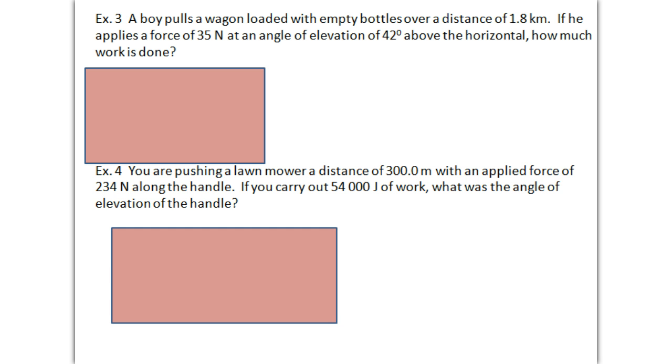A boy pulls a wagon loaded with empty bottles over a distance of 1.8 kilometers. Force applied is 35 newtons, and it's done at an angle of elevation of 42 degrees.